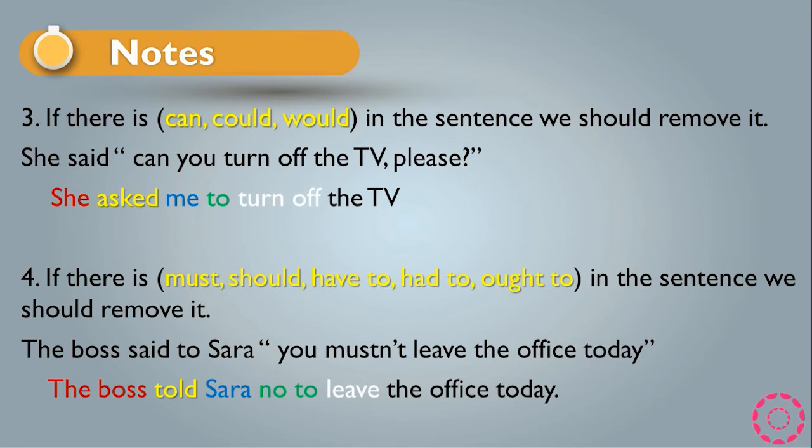We removed must, and because it is negative, we say not. After not, we say to. After to, the verb should be base, which is leave here. It became leave as itself. And the office today is the rest of the sentence. This is all about reporting requests.